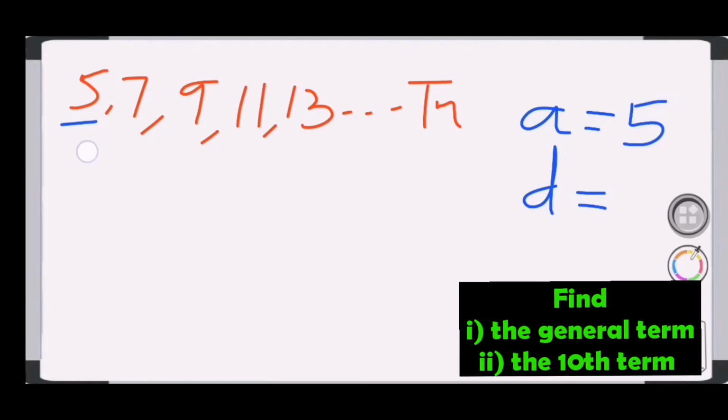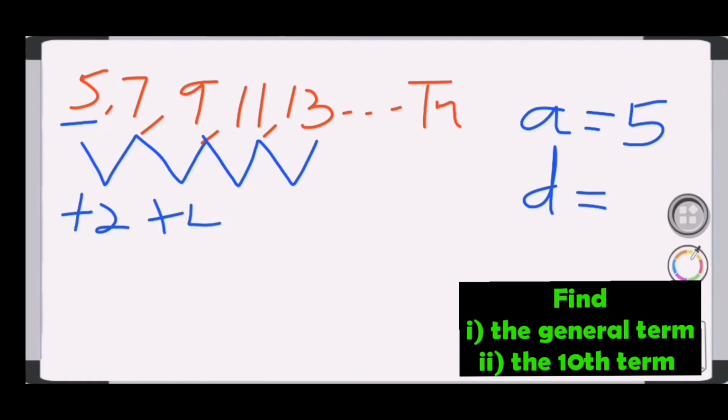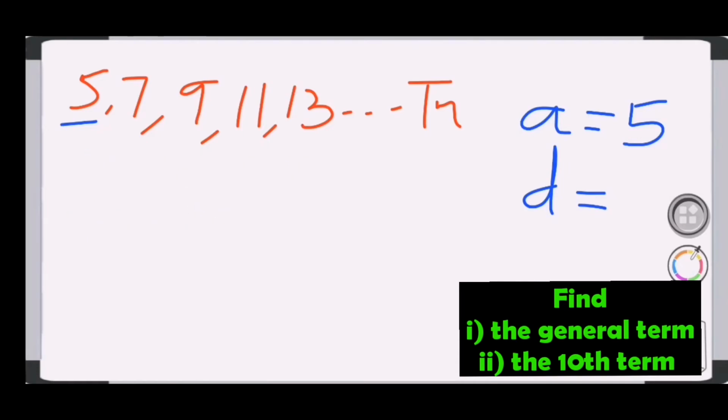What is the common difference from 5 to 7, 7 to 9, 9 to 11, 11 to 13? What is happening between the numbers? See, it is plus 2, plus 2, plus 2. So our common difference is plus 2, positive 2. Sometimes it can be negative.